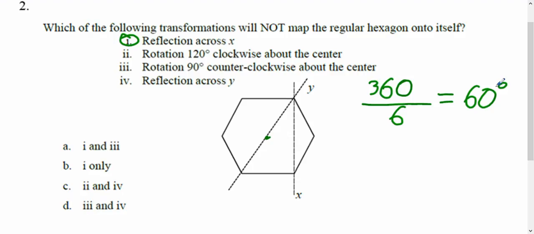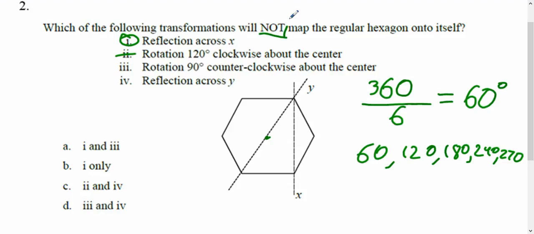So if you rotate it 60, 120, 180, 240, 300, or 360, it comes back to itself. So 120 degrees will map onto itself. We're going to cross that off because we're looking for which ones will not map onto itself. A 90-degree rotation is not in our list, so that does not map onto itself. A reflection across y does map onto itself. So 1 and 3 are the 2 answers that do not map onto itself. That's A.